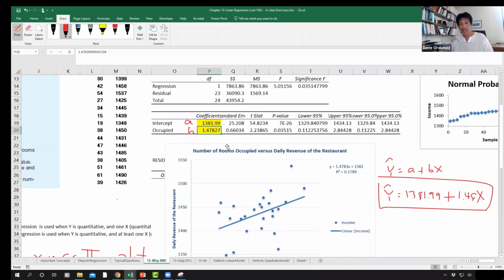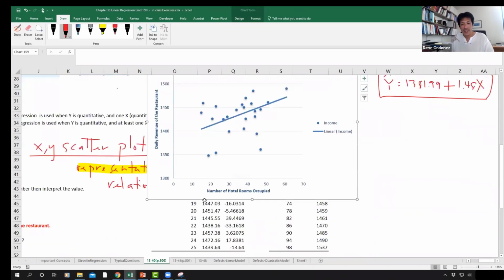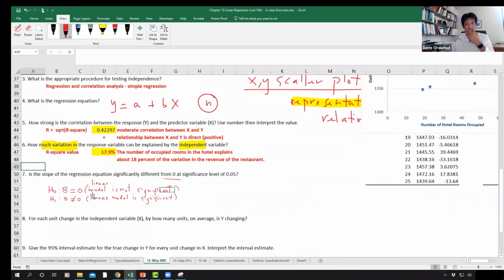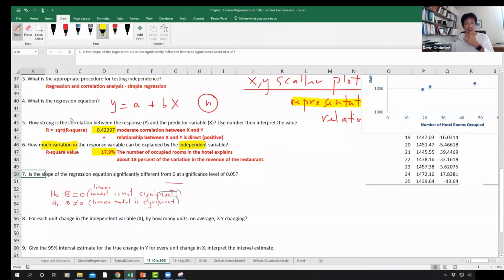So we will be using this output to answer the hypothesis testing question over here. Is the slope of the equation significantly different from 0? Let's just use the p-value instead of comparing the computed f to the critical f, which you can also do.